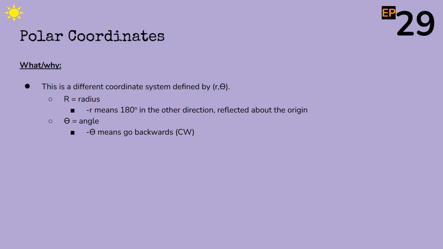For radius and angle, I wanted to talk about what it would mean if it's negative. Sorry that it's uppercase; I think that's something it automatically does, but we usually display this as lowercase r. Negative r means 180 degrees in the other direction, reflected about the origin.